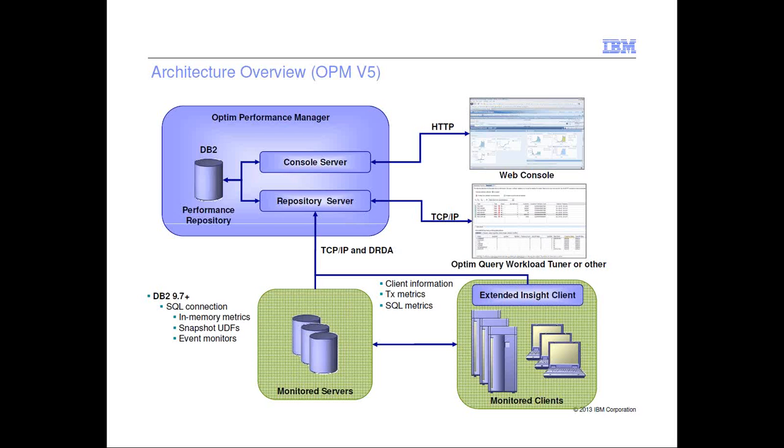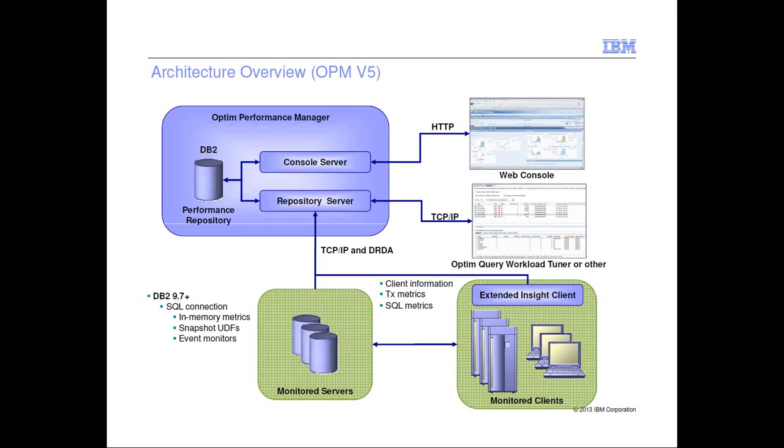So apart from these basic features, there is an additional component called the Extended Insight Client, or EI license, that can also be taken along with OPM. And this helps in analyzing not just the database issues, but also where different times are being spent over the entire stack of your application, network, operating system, the driver level, and other layers.